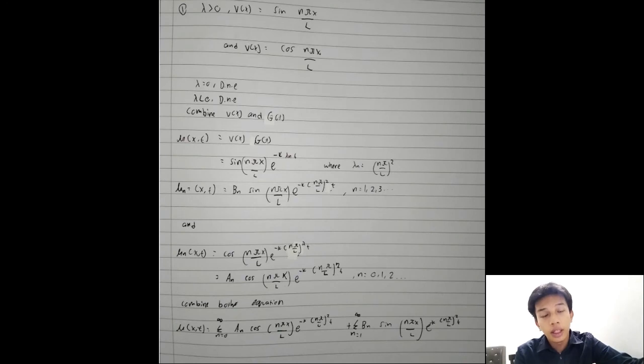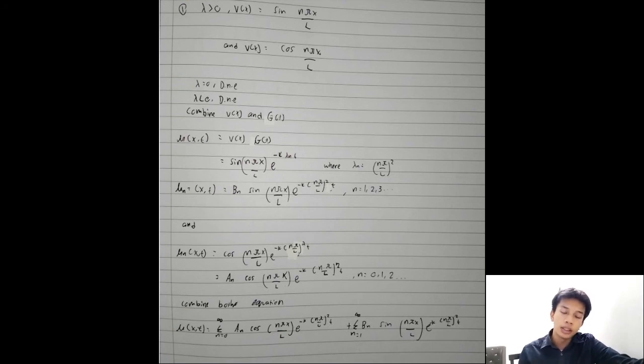To finally solve this question, we combine v(x) and g(t) by multiplying them together. The product of v(x) and g(t) yields the equation b_n sin(nπx/L) e^(-k(nπ/L)²t), where n = 1, 2, 3.